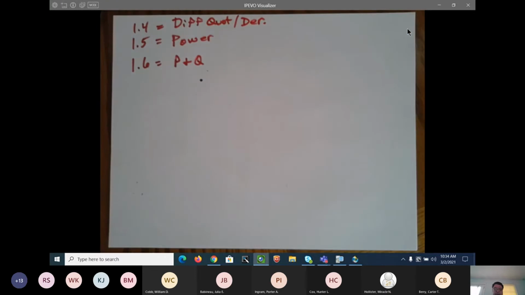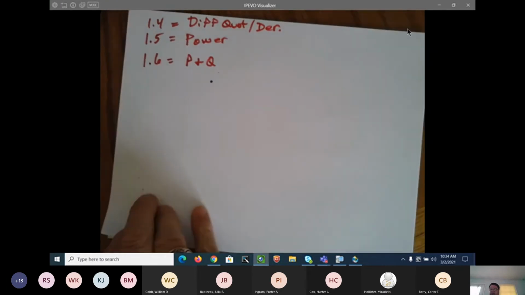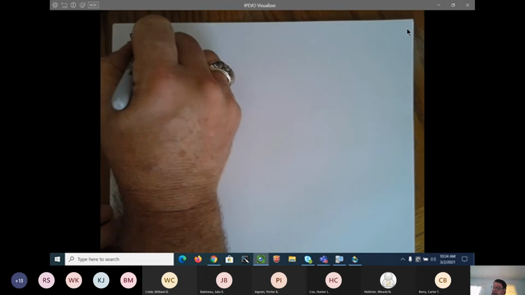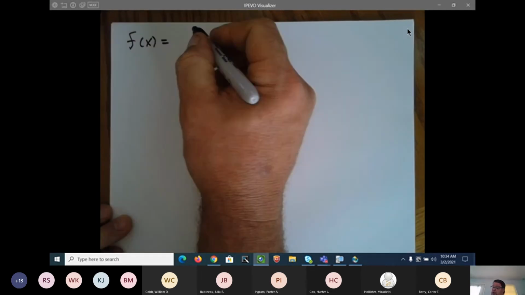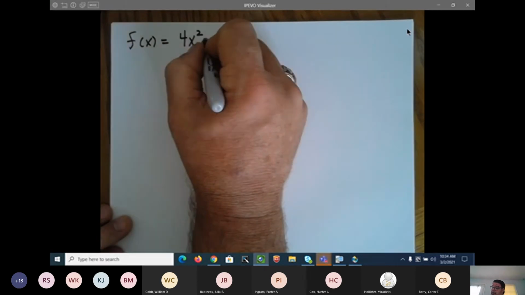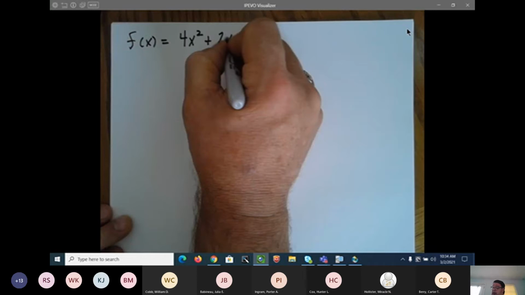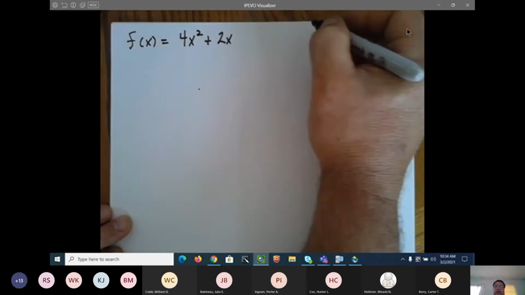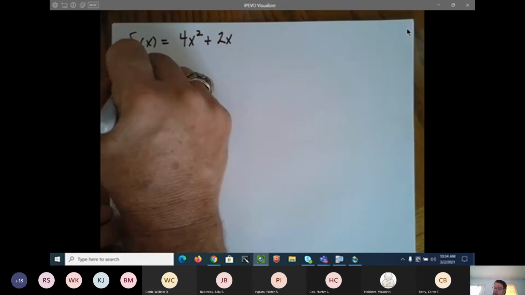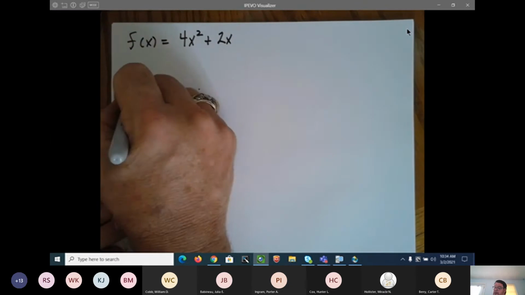All right, so let's make the transition. Let's do a simple one like we just did. This is a test question, so we'll put it down for a test question. f of x is equal to 4x squared plus 2x, and I want you to find f prime of x. I want you to find the derivative using the quotient rule and the limit theory as h approaches 0.